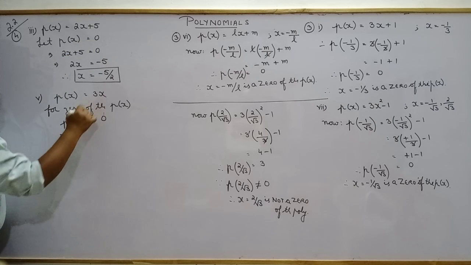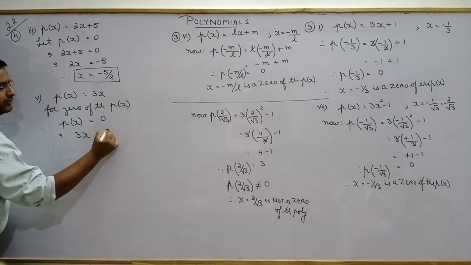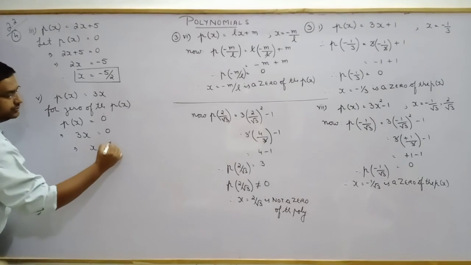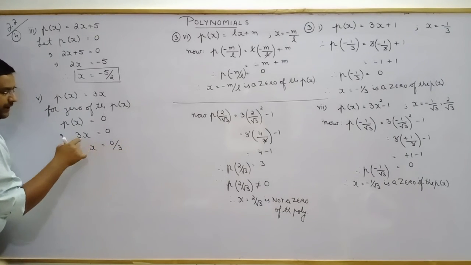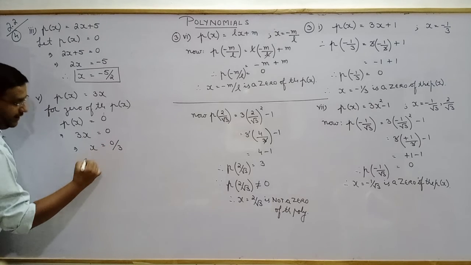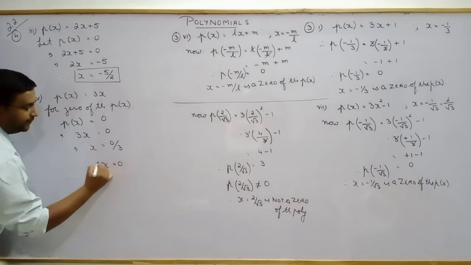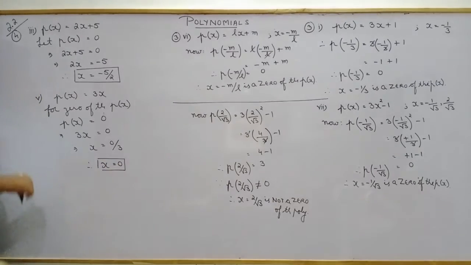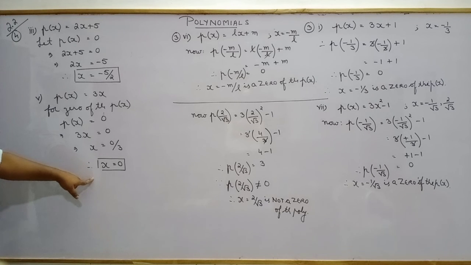What is P of x? 3x is equal to 0. So therefore x is equal to 0 upon 3. 3 is in multiplication, goes in division. 0 upon anything is what? 0. So what is the 0 of the polynomial? 0 is the 0 of this polynomial.